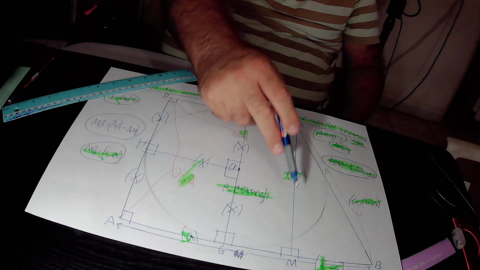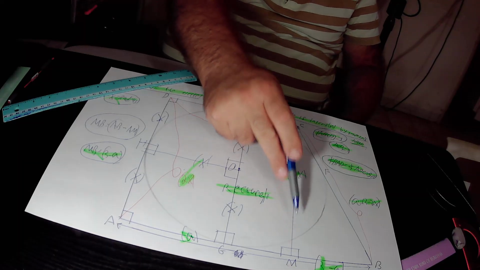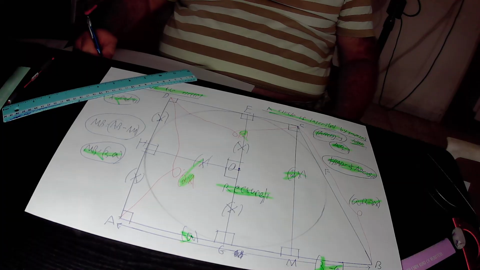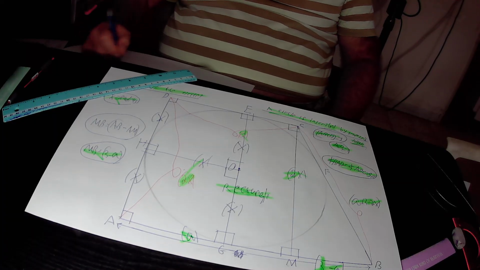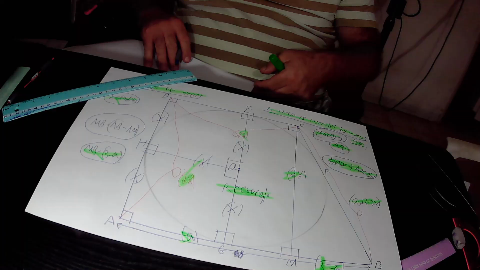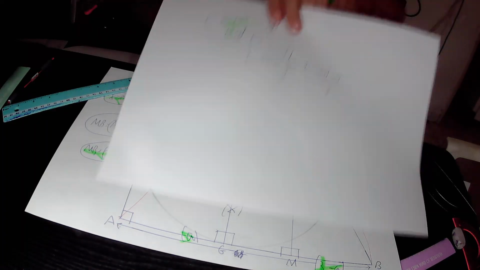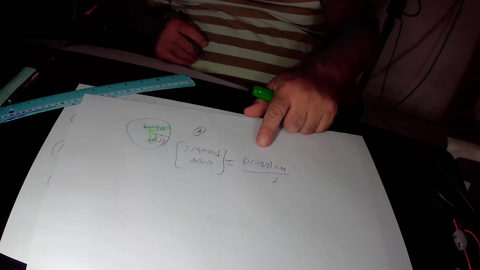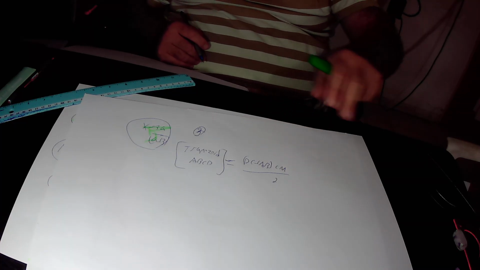The height is CM. Why is CM the height? Because it makes 90 degrees with the two parallel bases. So times the height CM over 2. Again, the area of this trapezoid ABCD in total is equal to DC plus AB times the height CM over 2.